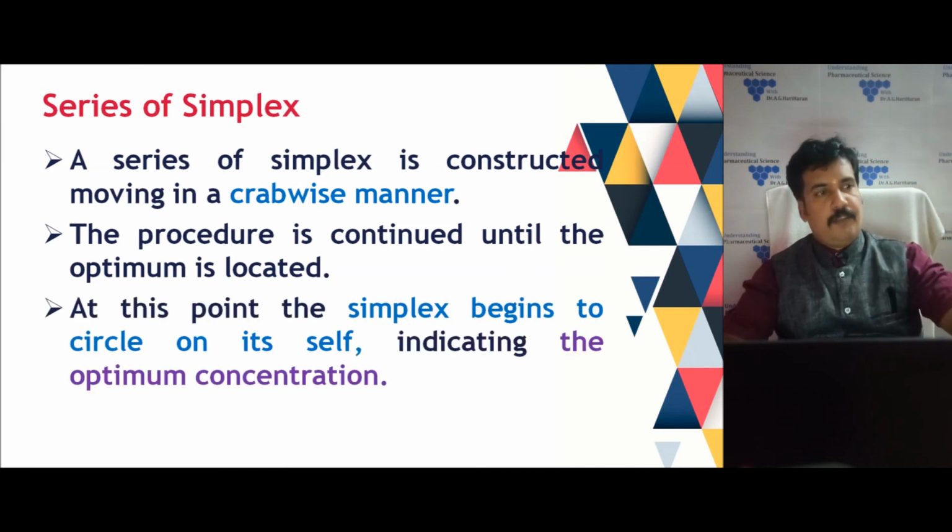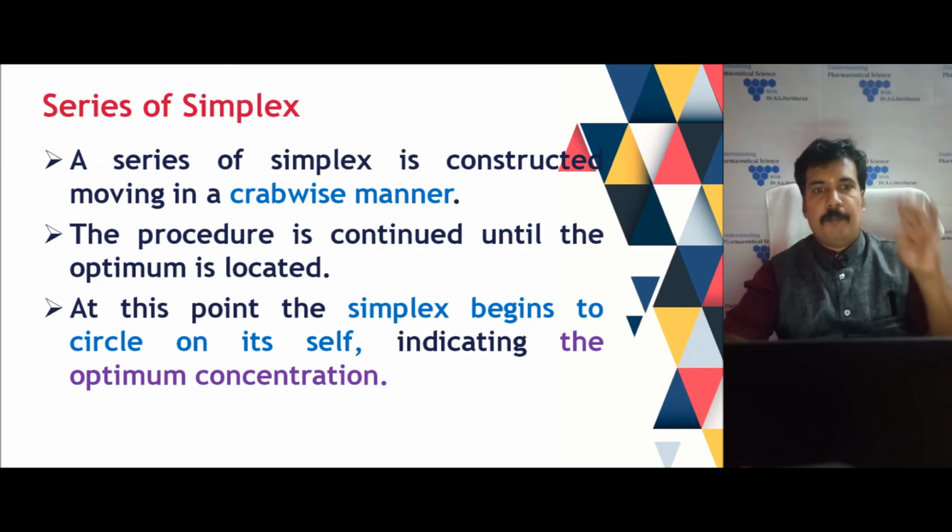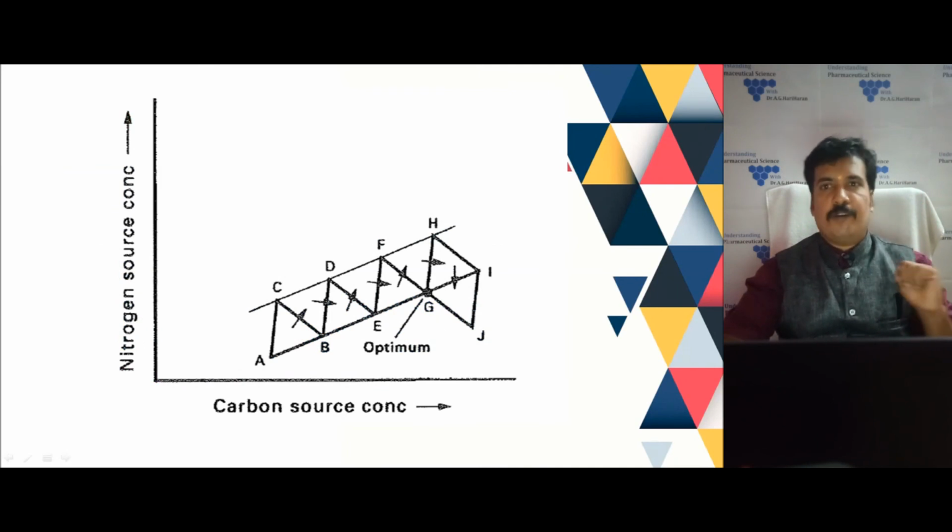This will continue until the optimum is reached. How we can find the optimum value is that these readings start rotating, circling around that particular optimum point. I have shown this from the picture.